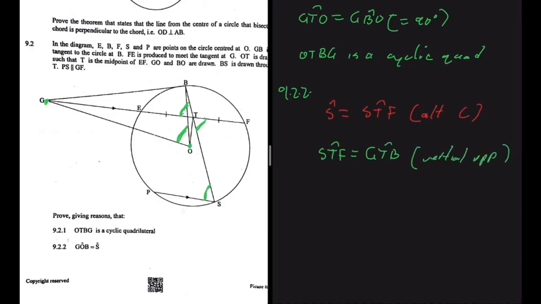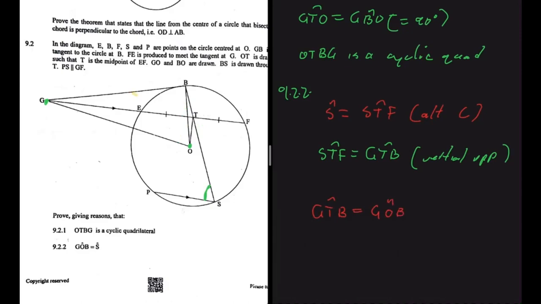Whatever the reason is, we know that STF should be equal to GTB. But I kid you not, GTB should be equal to GOB, right?